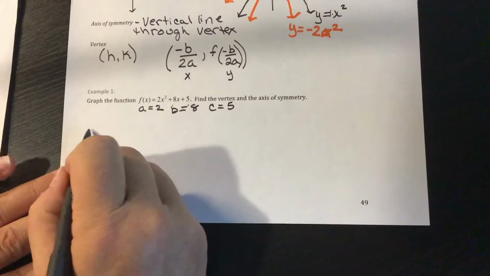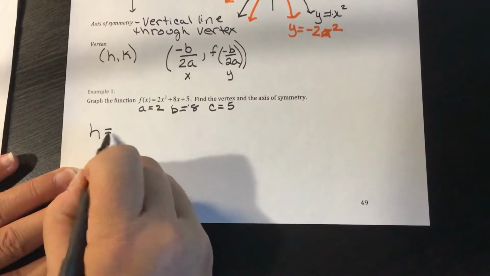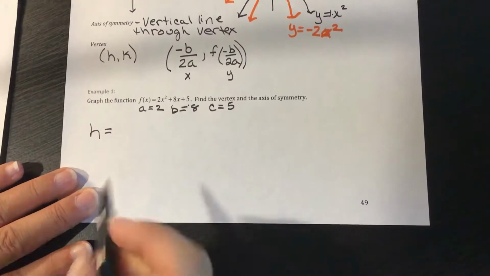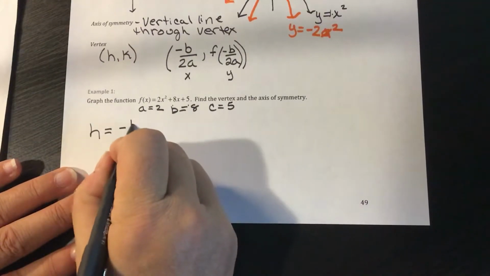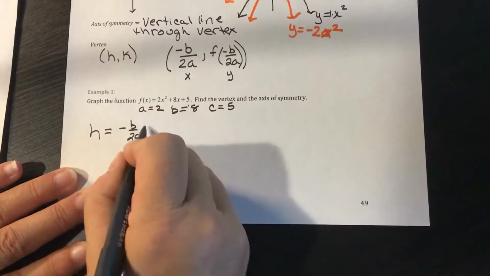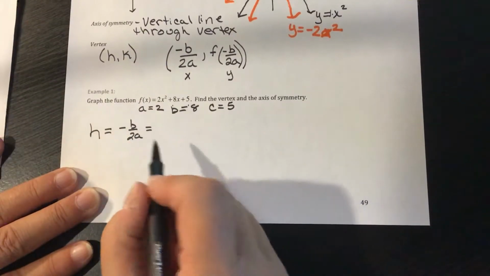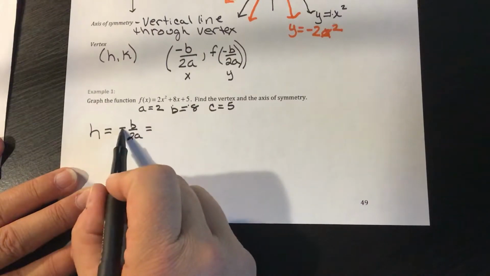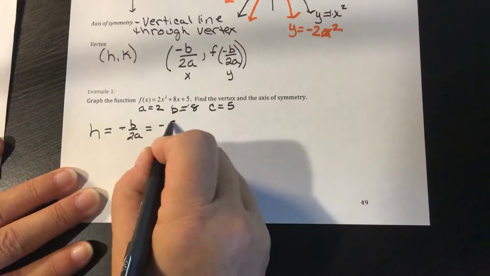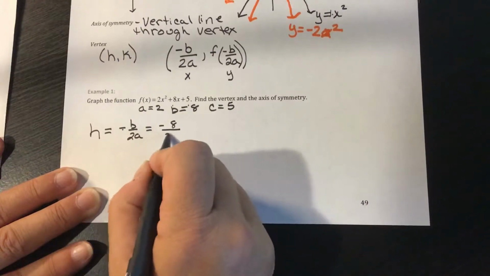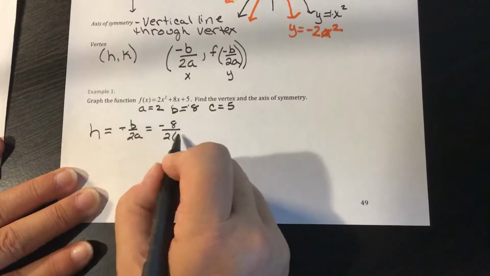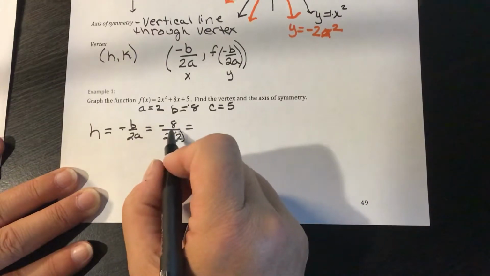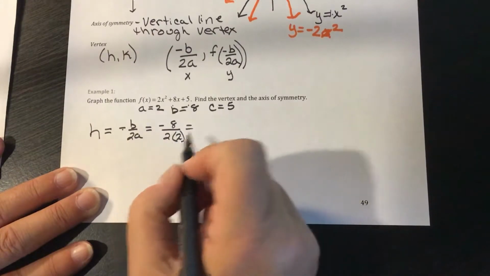And then to find the x coordinate of that vertex, I'm going to find the h value, and I'm going to use minus b over 2a. And I'm going to plug in the values for b and a here. So I have the opposite of 8, minus 8, over 2 times the value of a, which is 2. This would be negative 8 over 2.